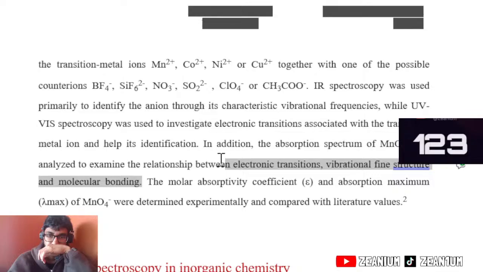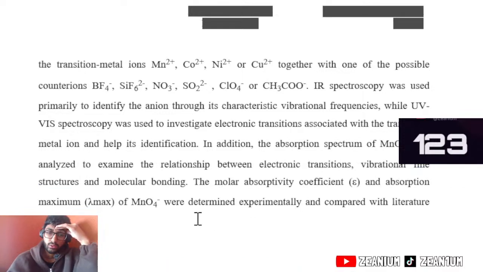The molar absorptivity coefficient and absorption maximum of permanganate were determined experimentally and compared with literature values.